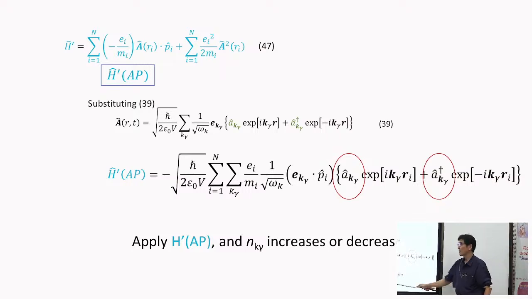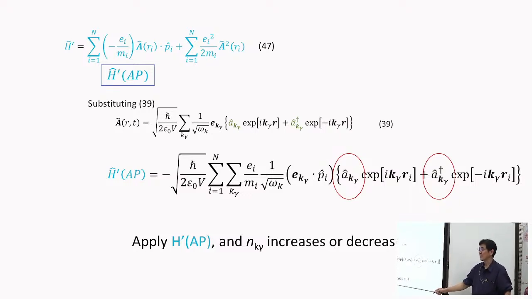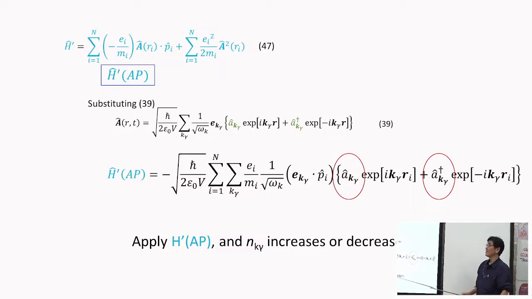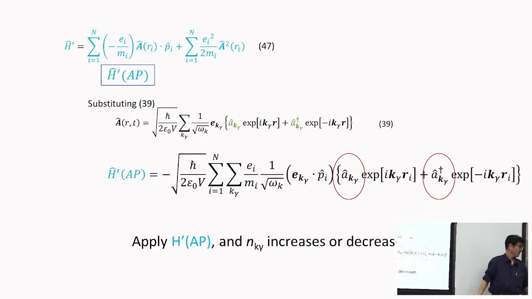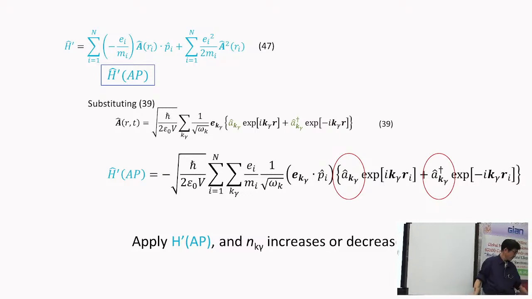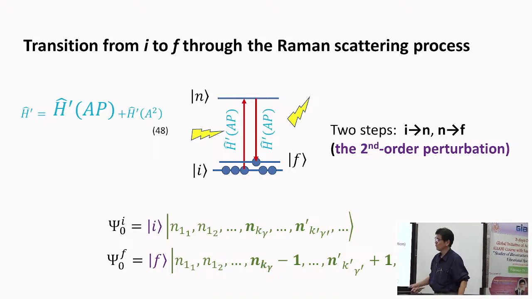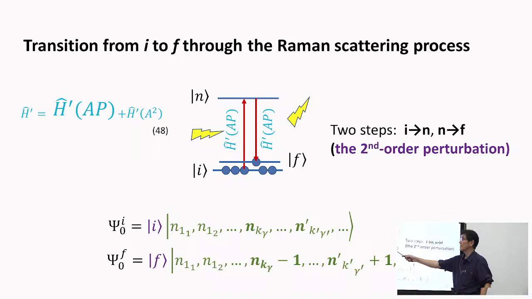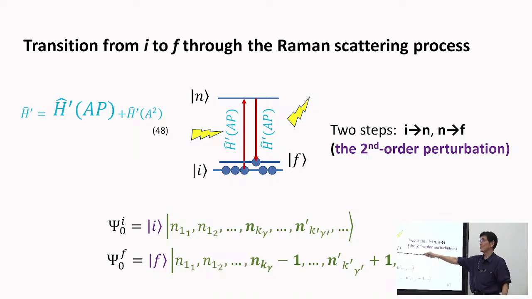So as a consequence of the interaction Hamiltonian H prime A·P, the number of photons can increase or decrease depending on the optical process. Applying H prime A·P, the number of photons having the wave vector k and polarization gamma increases or decreases. This is the effect of this term.